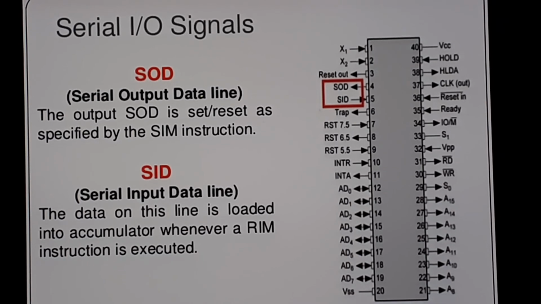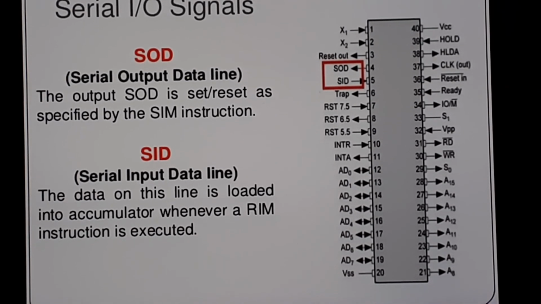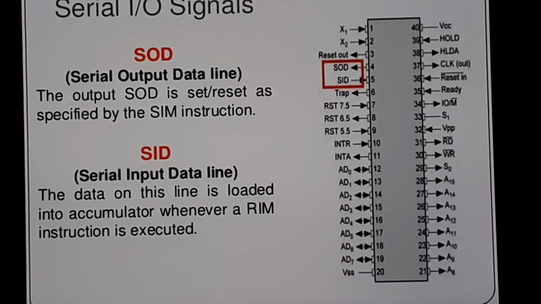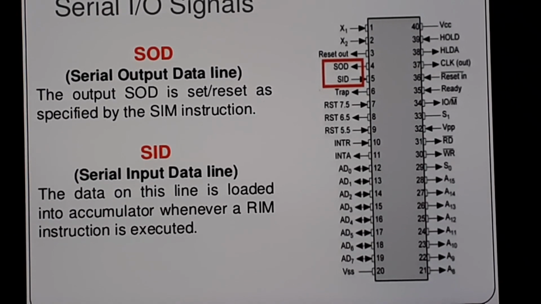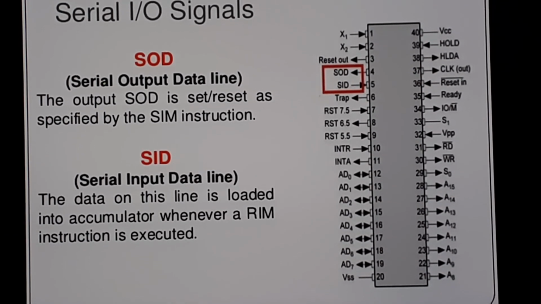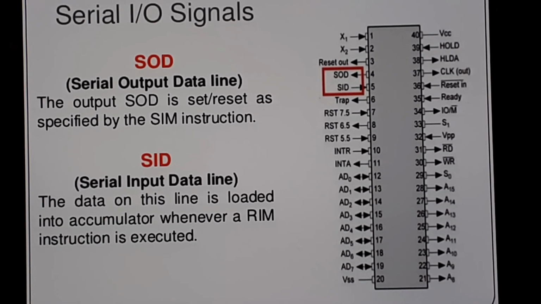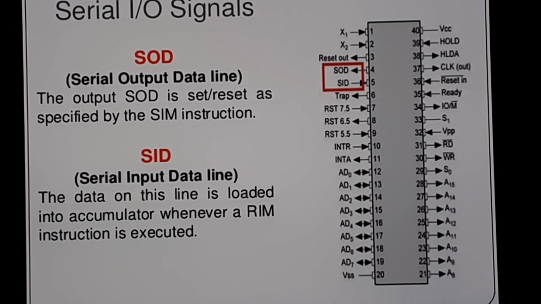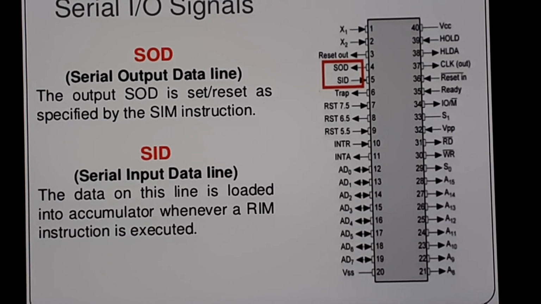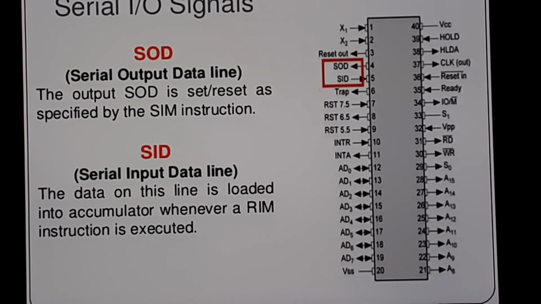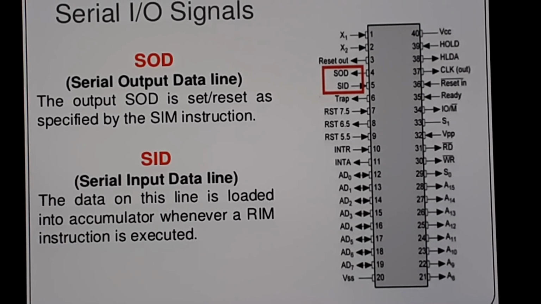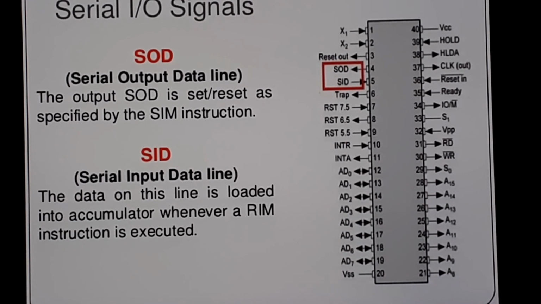The first point is that SID stands for serial input data. The data on this line is loaded into the accumulator when the RIM instruction is executed. These instructions we will study in chapter number 2 of computer science paper 2.